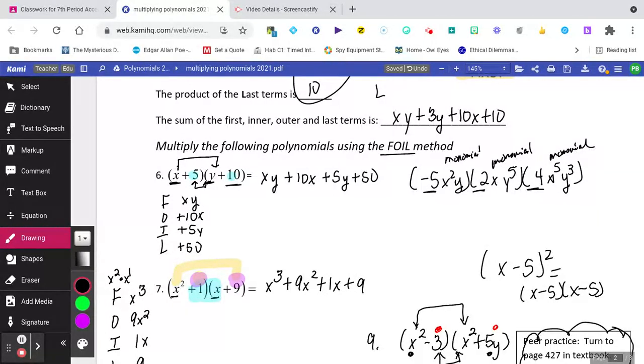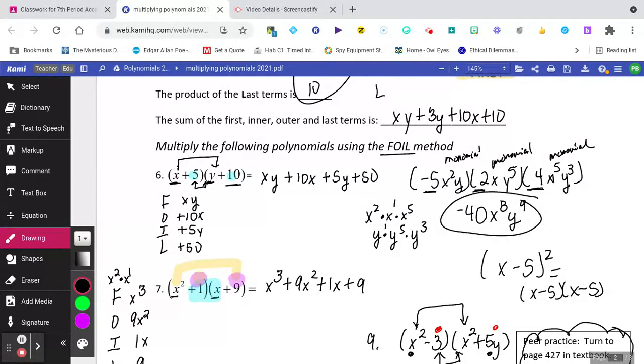So you don't have to worry about trying to use a distributive property, just straight multiplication. So you multiply negative 5 times 2 is negative 10 times 4 is negative 40. You have x squared times x to the 5th. It's going to give you x to the 8th. And for the y, you're going to have y times y to the 5th times y to the 3rd power. That will give you y to the 9th. So that's what that will look like.